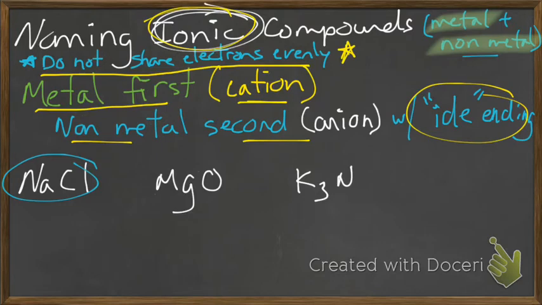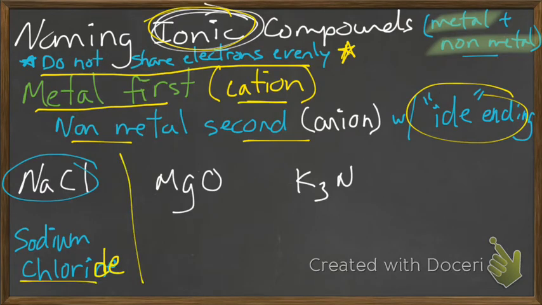So Na is sodium, Cl is chlorine, but we're going to change that ending to IDE, and I'm actually going to write it here, chloride. And let's use yellow to make it IDE. So it's sodium chloride. Next example, Mg is magnesium.